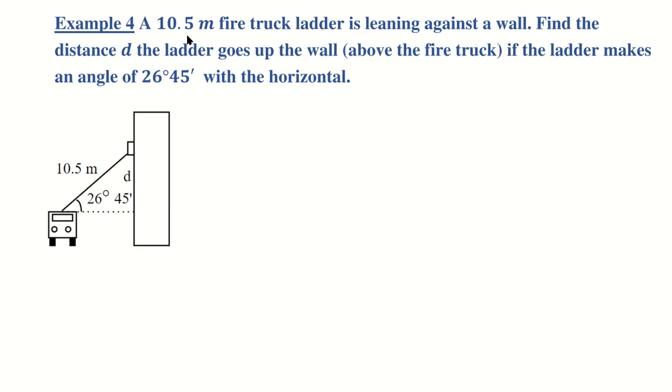All right, a 10.5 meter fire truck ladder is leaning against the wall. Find the distance d the ladder goes up the wall if the ladder makes an angle of 26.45 degrees with the horizontal. So they're not actually naming this an angle of elevation problem, but that's exactly the scenario here, right?